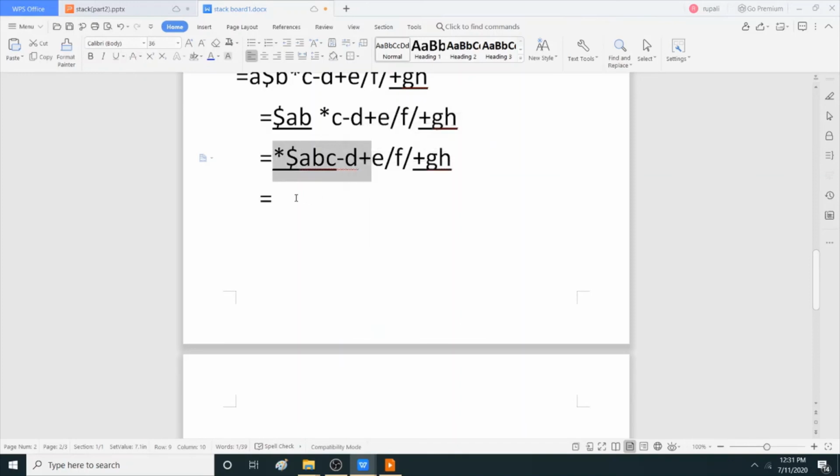First copy this thing. In your copy you have to write this thing. Okay. Then E by F means by EF. So by EF, underline this. And then there is another by and this plus GH, just copy this thing.